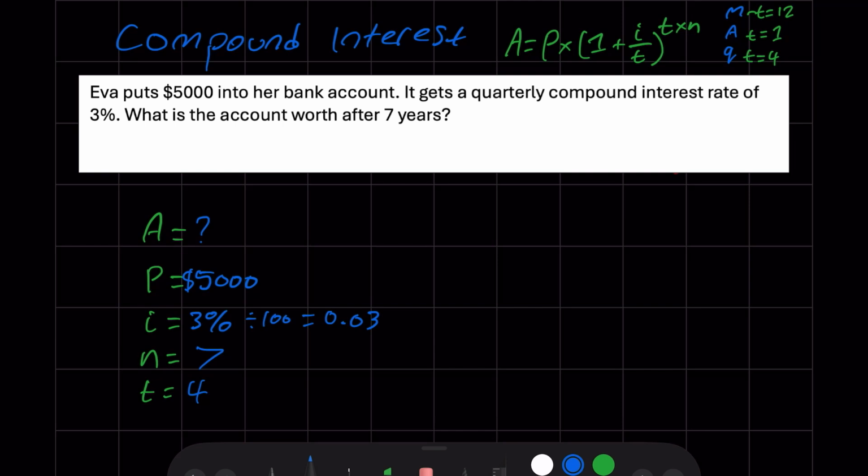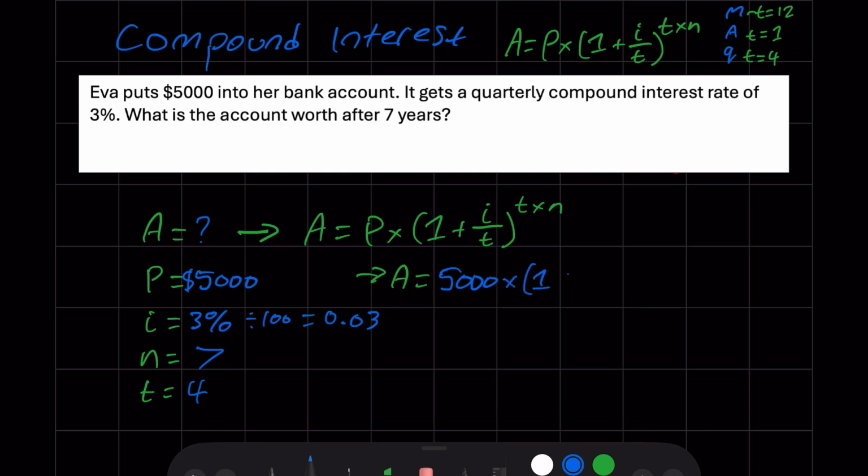You have 4 pieces. Once we've done that, I'm going to write out my formula. P times 1 plus I over T to the power of T times N. So A equals, my P value is 5,000 times 1 plus I is 0.03 divided by 4 to the power of T times N. So 4 times 7.